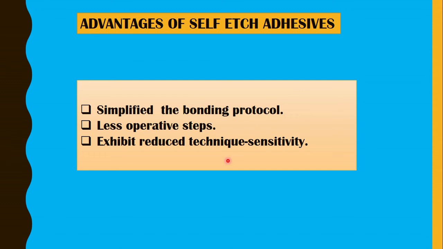So what are the advantages of the self-etch adhesive? Obviously, it has simplified the bonding protocol. No etching step, as the acidic monomer simultaneously etches and primes the dental substrate, and also there are fewer operative steps, because we need not apply the etchant, and the rinsing step is also minimized here.